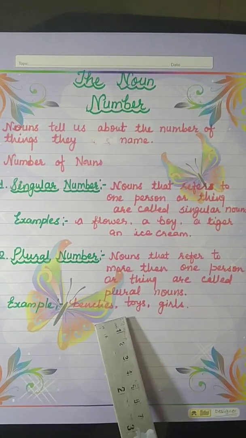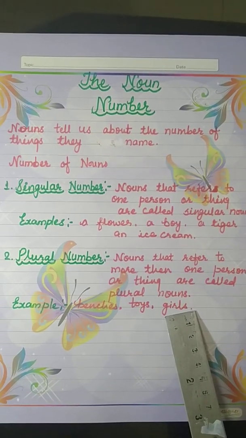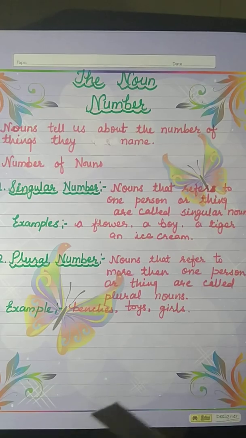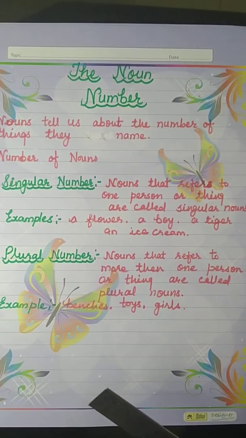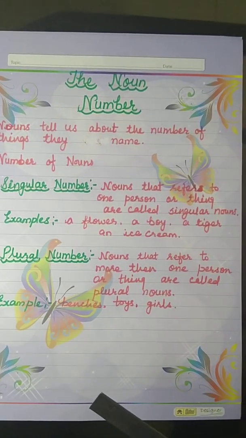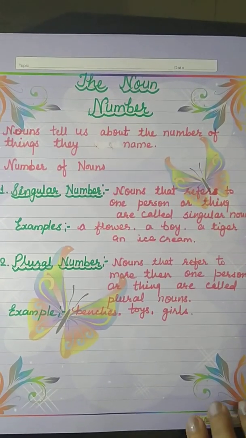For example, benches, toys, girls. Means in another way, any noun that stands for more than one person, animal, place or thing is said to be in the plural number. Okay.